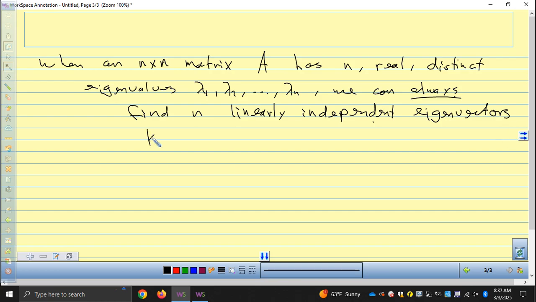And that will be vectors k1, k2, up to k sub n. So when we have real distinct eigenvalues, we can always find linearly independent eigenvectors.